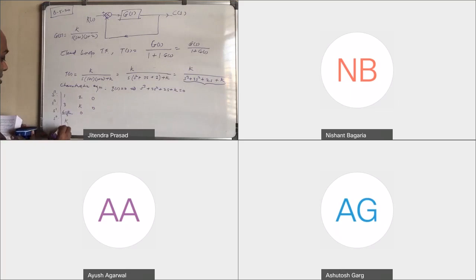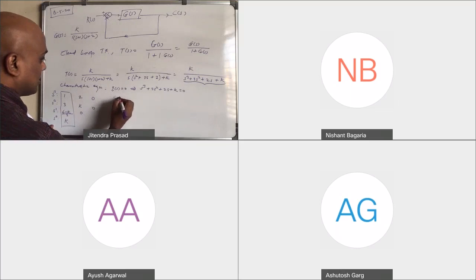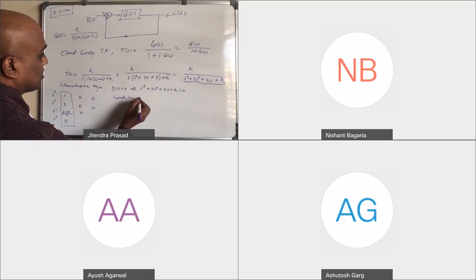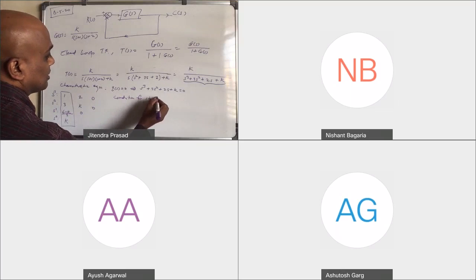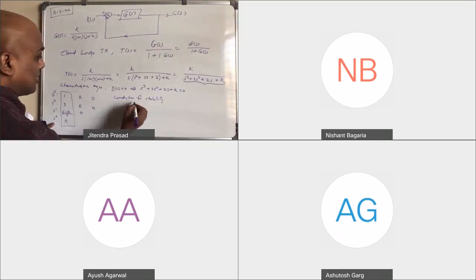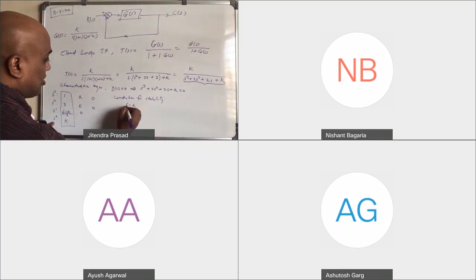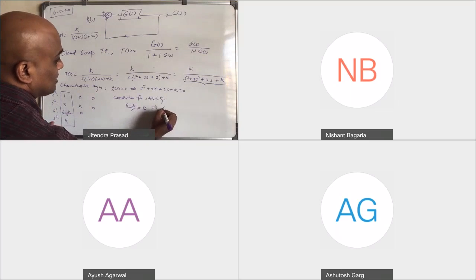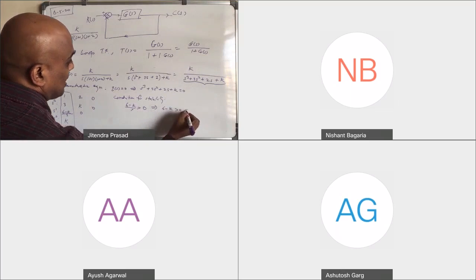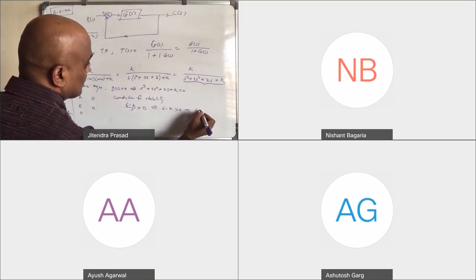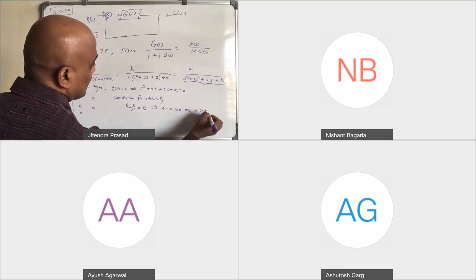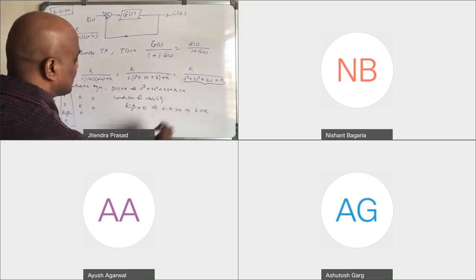If you look at this one, all has to be positive. That means the condition for stability: 6 minus K over 3 has to be greater than 0, that tells you 6 minus K greater than 0, and hence 6 greater than K, or K is less than 6.